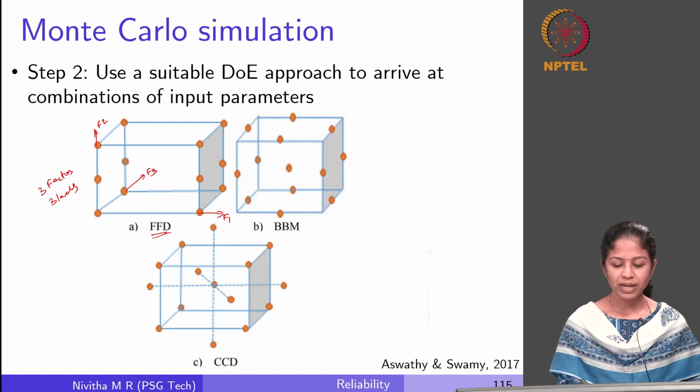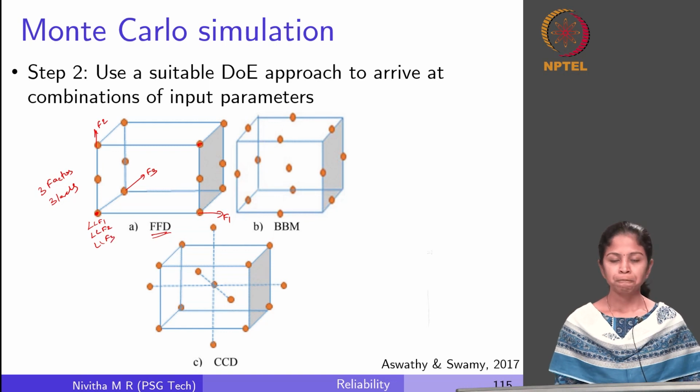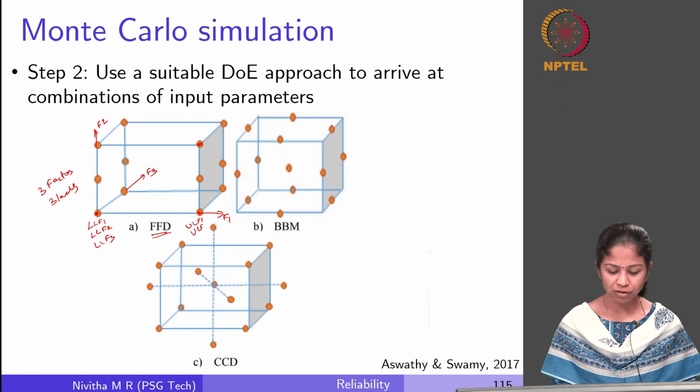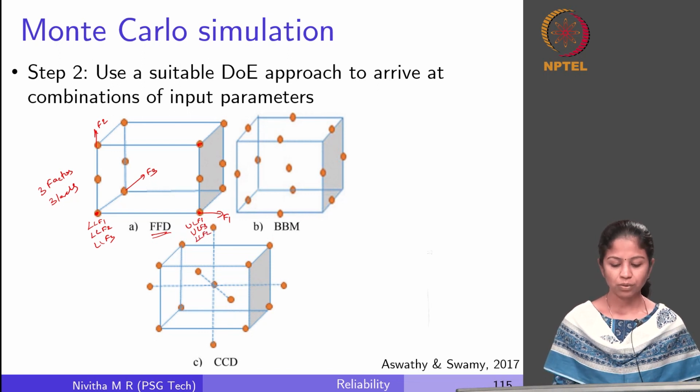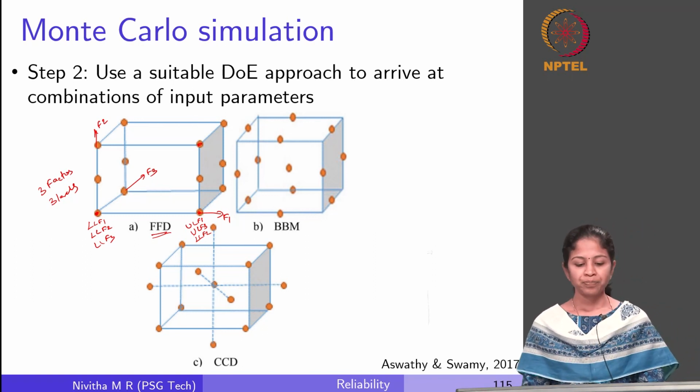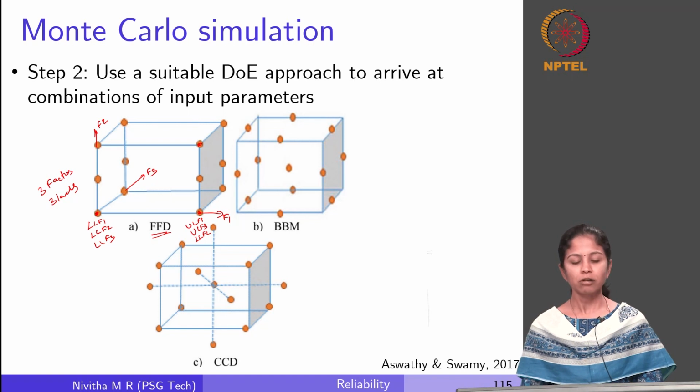Each node is one combination. This is going to be the lower limit of factor 1, lower limit of factor 2, lower limit of factor 3. This is my first combination. This combination is going to be upper limit of factor 1, upper limit of factor 3 and lower limit of factor 2. Like that we will be arriving at different nodes and different experimental combinations.